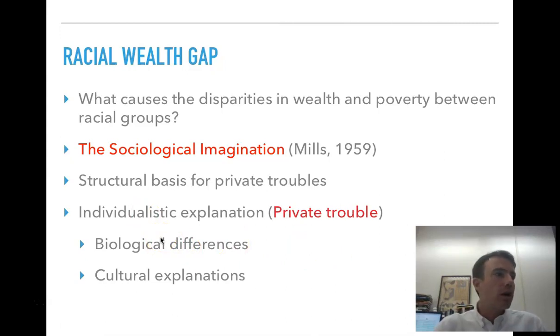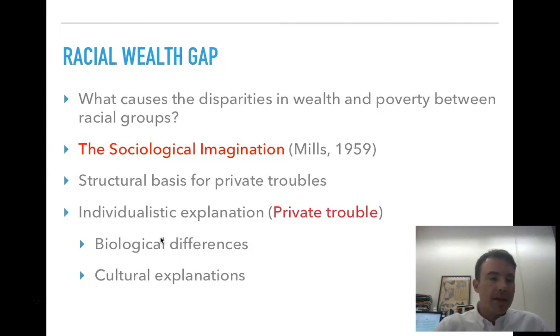to biological explanations. There are just fundamental differences between, say, Black Americans, Latino Americans, white Americans, Asian Americans that can account for these differential levels of wealth and differential levels of poverty.